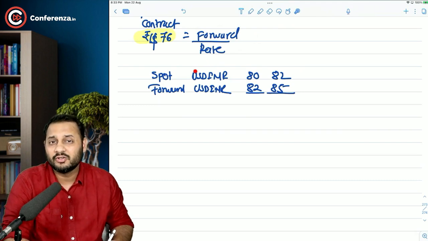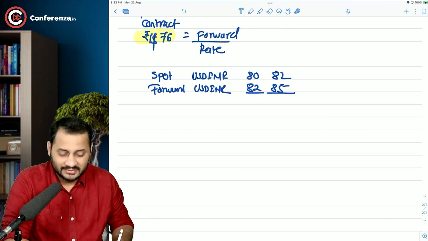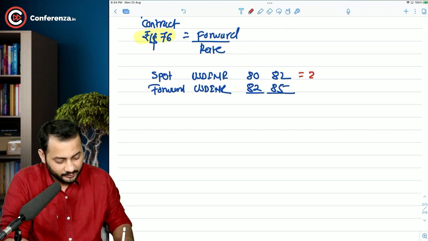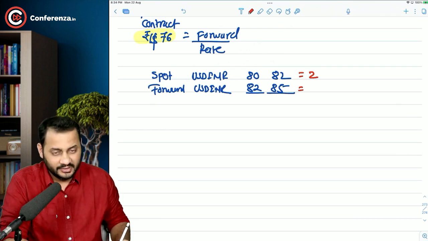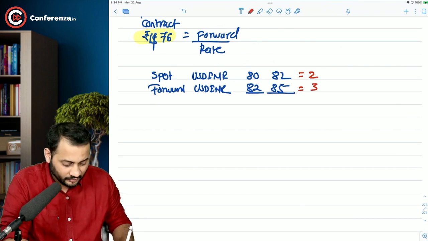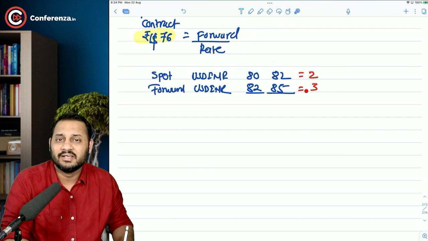Who is going to buy the dollar? Bank. So bank will buy the dollar at 80 rupees and sell it at 82 rupees, making a profit of 2 rupees. Can I say that bank is making a profit of 2 rupees? Yes, sir. In the other case, bank is making a profit of 3 rupees. In forward contract, it is buying the dollar at 82 and selling it at 85. They are making a profit of 3 rupees.